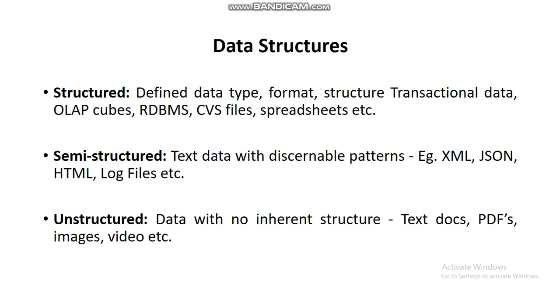Semi-structured is text data with discriminable patterns, that is XML files, JSON files, HTML, or log files, which fall neither in structured nor in unstructured. Unstructured is data with no inherent structure, for example text documents, PDFs, images, or video. Whether it is an image or a video, we are able to identify the things and get the message of what it talks about, but for the system it is again unstructured data.